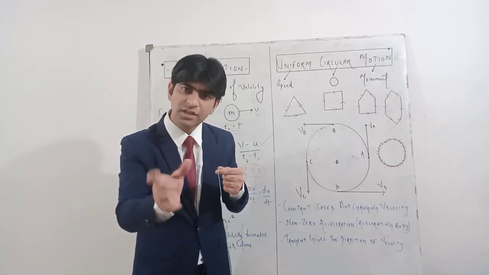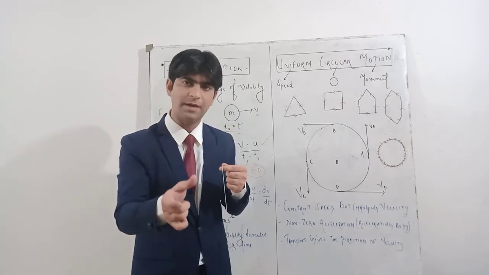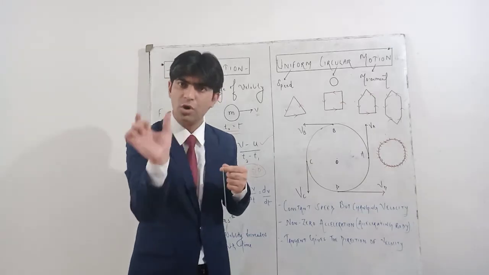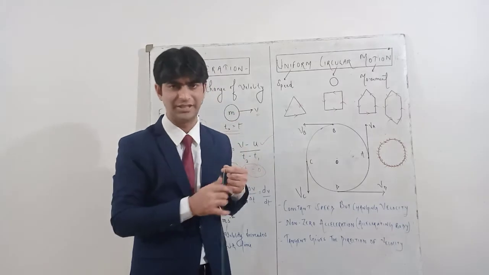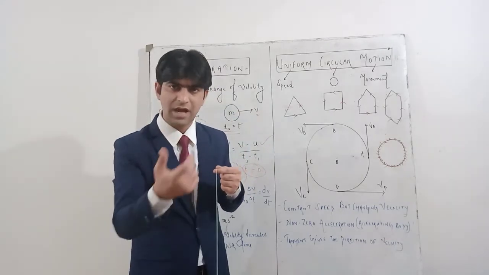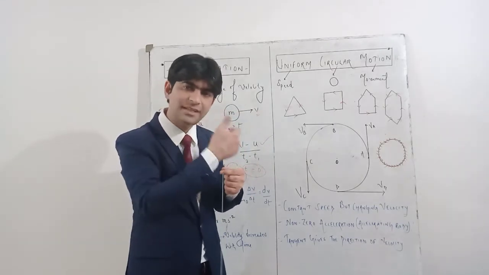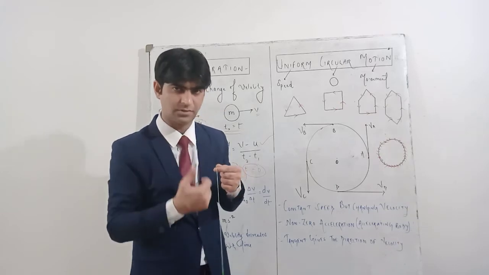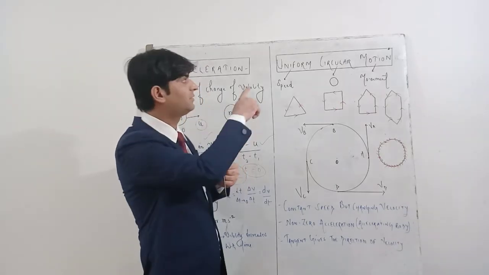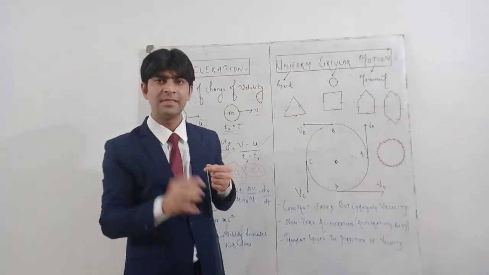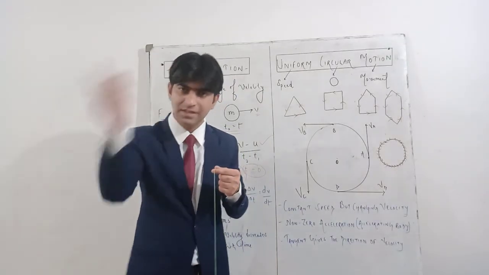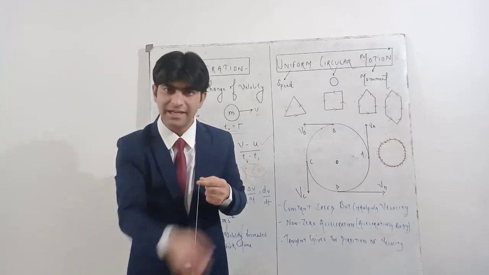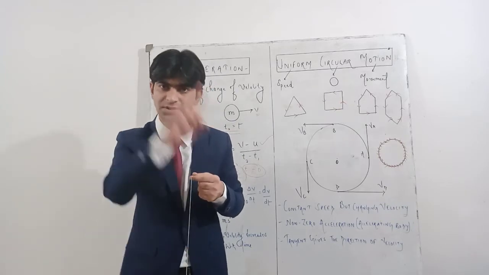If either parameter, magnitude or direction, changes, that means that particular quantity is changing. Here the speed indicates the magnitude of the velocity, which is constant. In the first definition we have seen the speed, or the magnitude of velocity, will be constant, but the direction is changing. If the direction is changing, we may say that the velocity is changing.